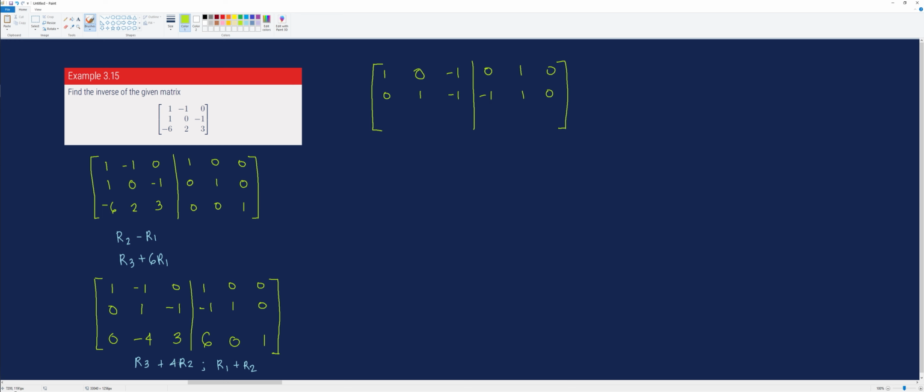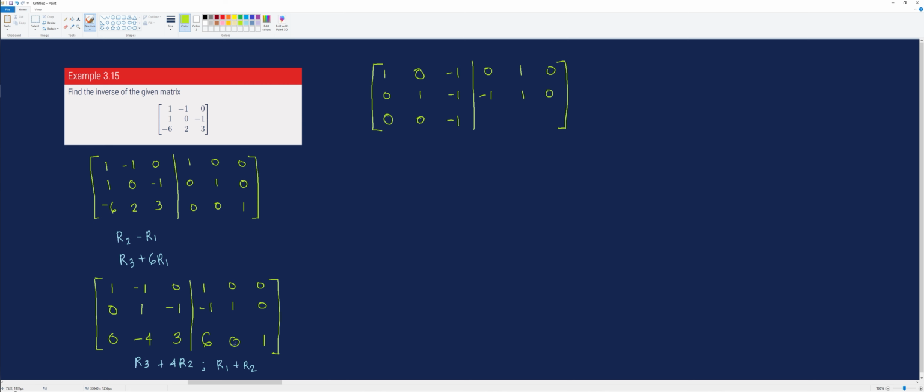So for R3, we have 0 plus 4 times 0 is 0. Negative 4 plus 4 times 1 is 0, because that's negative 4 plus 4. 3 plus 4 times negative 1, so that's 3 minus 4. So that's negative 1 also.